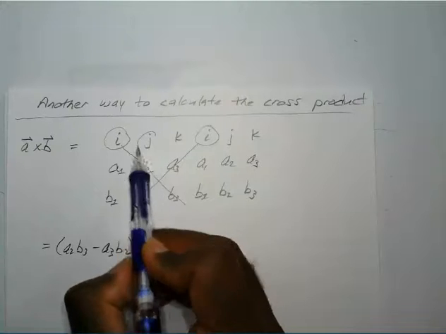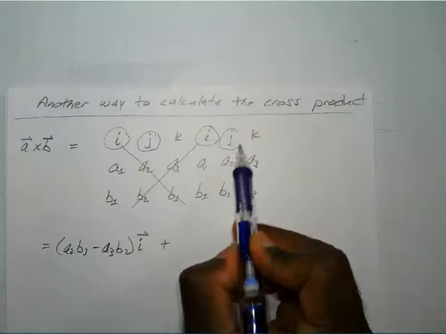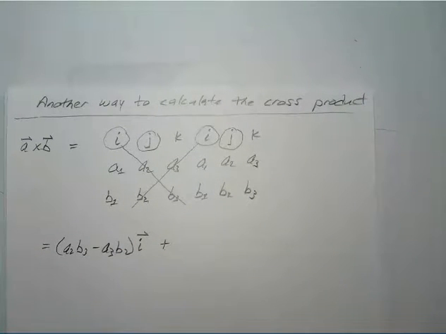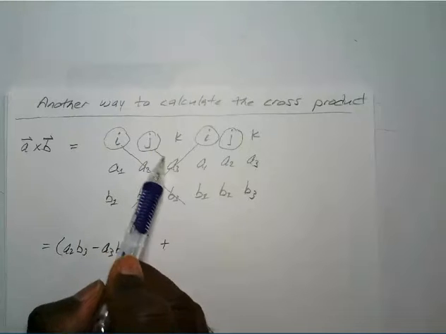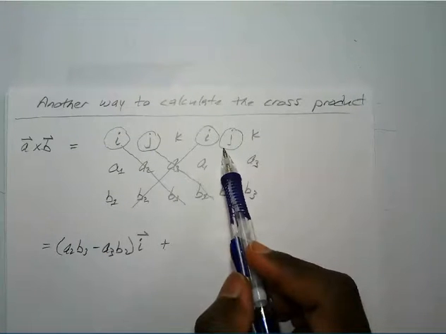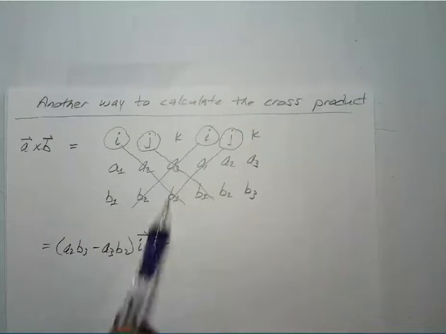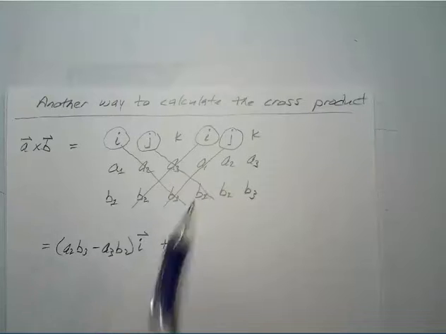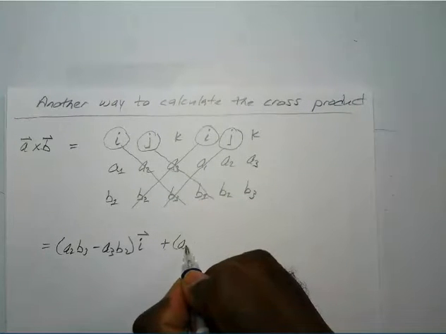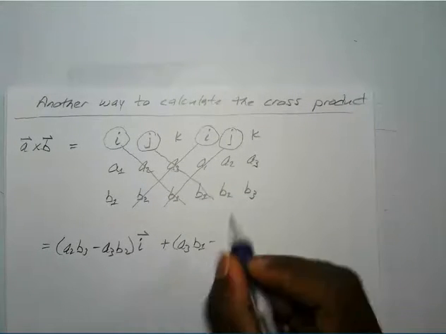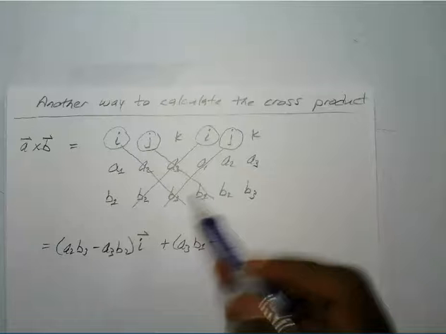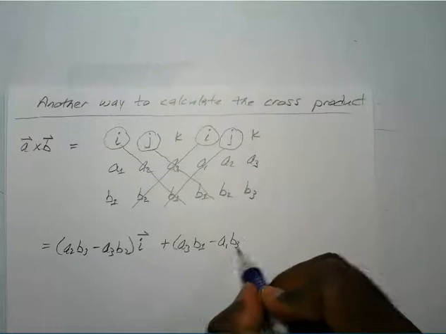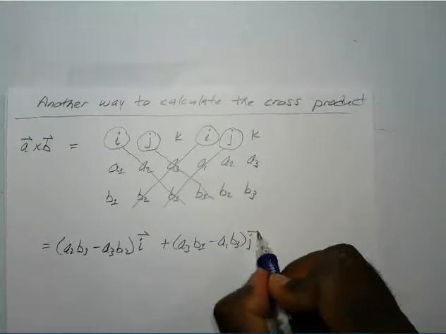So we're going to circle the J's. Now the J on the left, we're going to go down and to the right, and the J on the right, we're going to go down and to the left. So we're going to have A3B1 minus A1B3, and that is times our J vector.